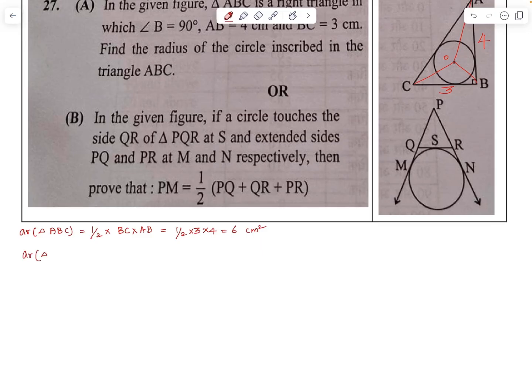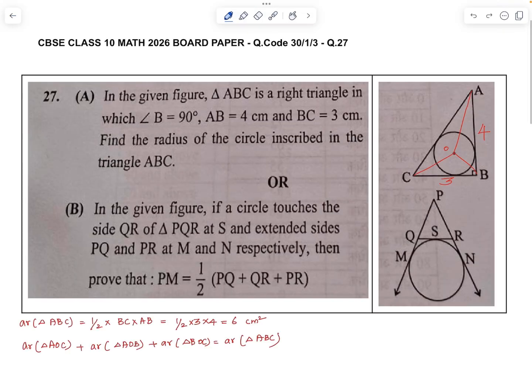So area of triangle AOC plus area of triangle AOB plus area of triangle BOC is equal to area of full triangle ABC. For triangle AOC, OP is the height, and for triangle AOB, OQ is the height, and triangle BOC, OR is the height.